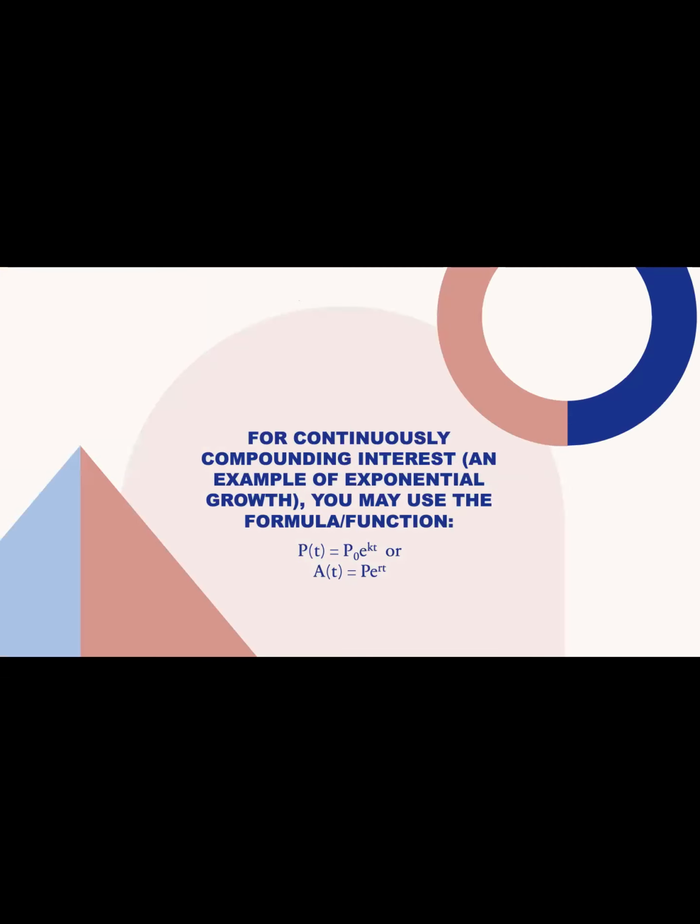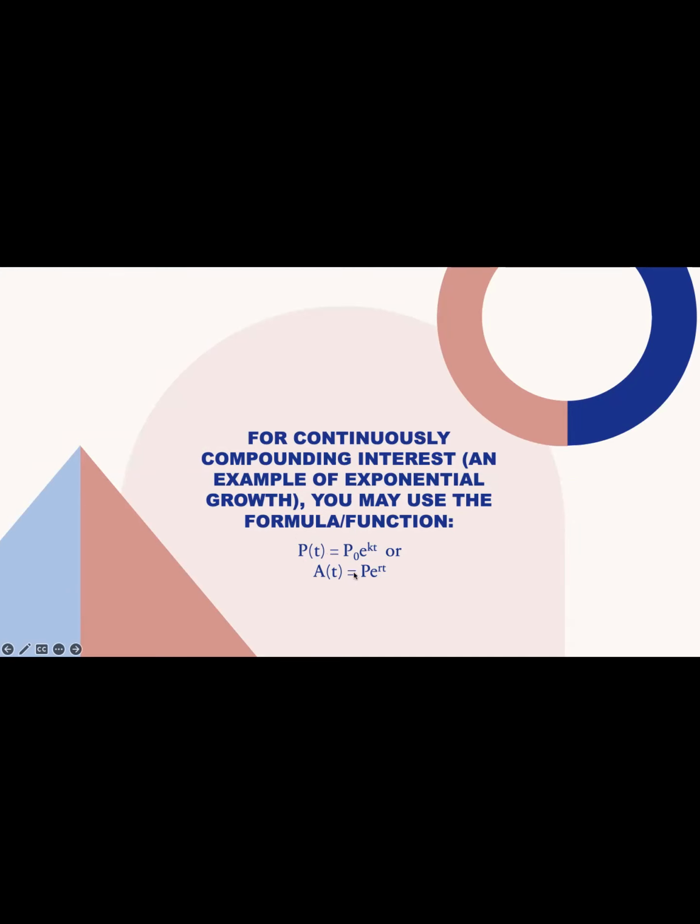So again, if you have continuous compounding of interest, which is an example of exponential growth, by the way, you are allowed to use this particular function here. Notice I've got two different ones written here, but these two equations actually represent the same equation. It's just different notation.